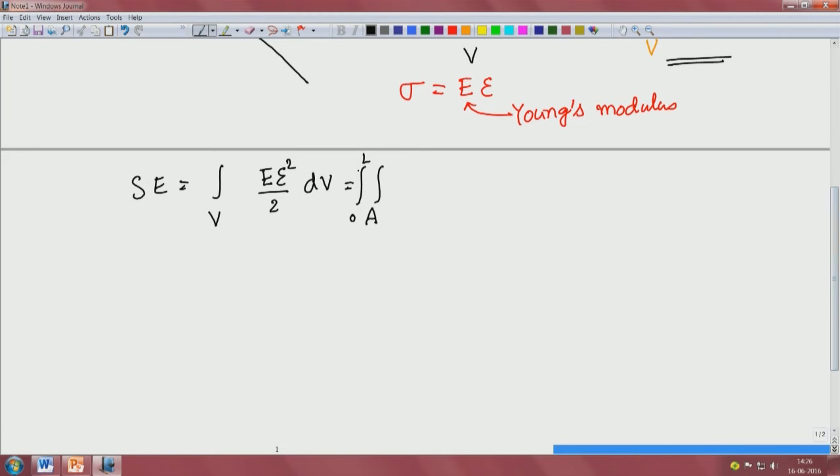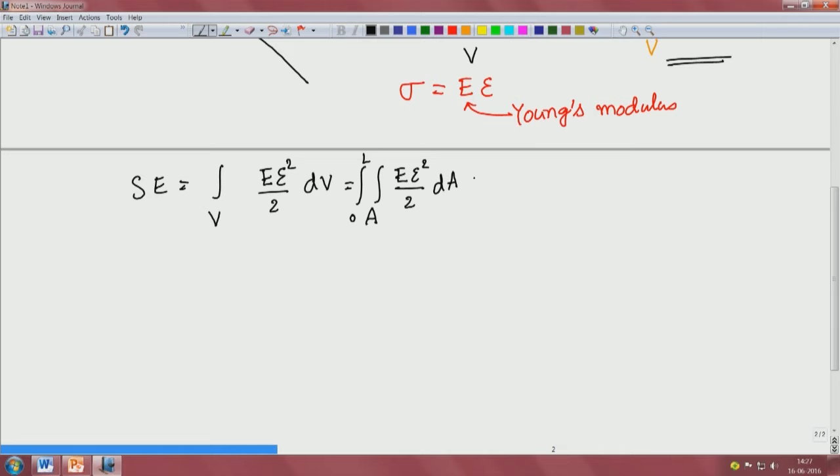So, I put 0 to L, and A over the area of the cross section, and then we have E epsilon square by 2 dA and then dx. So, basically dV is split into dA and dx, right. Next thing we recall is what epsilon is, that is the normal strain in the beam, which if you recall from mechanics of materials is given by minus y by rho.